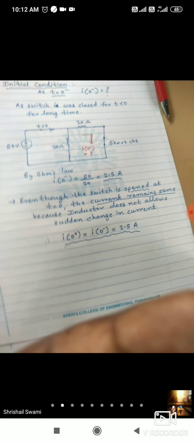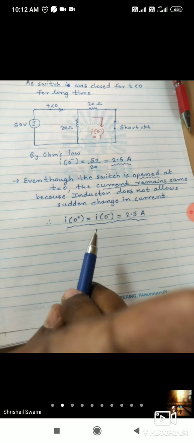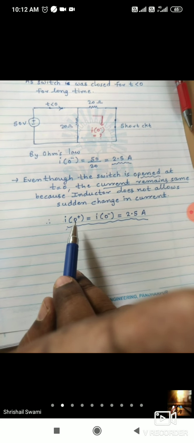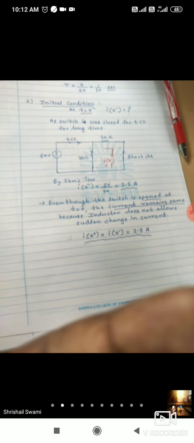Okay, so we got the initial condition, that is I of 0 plus is equal to 2.5 ampere.